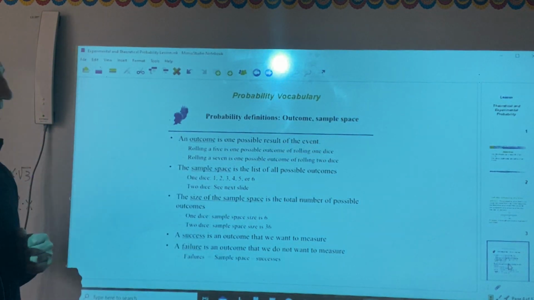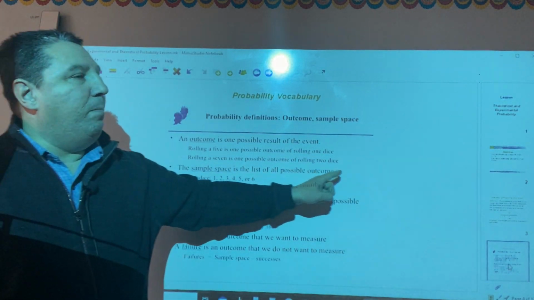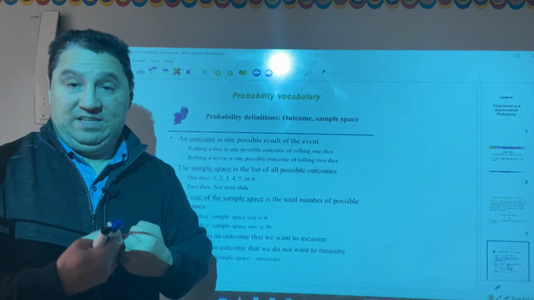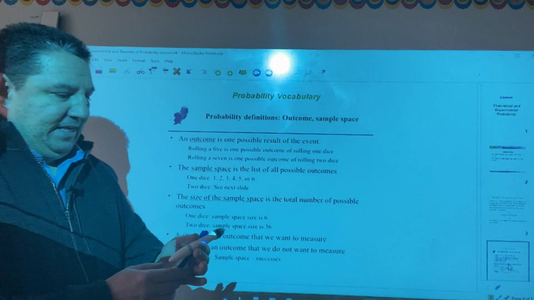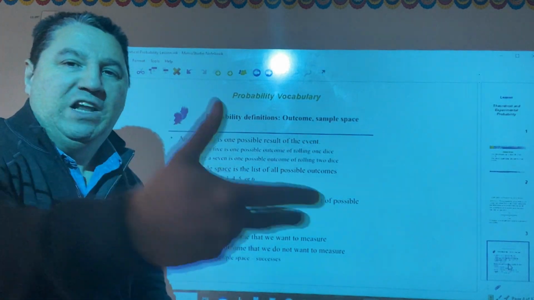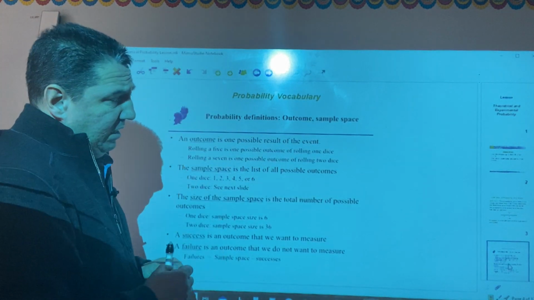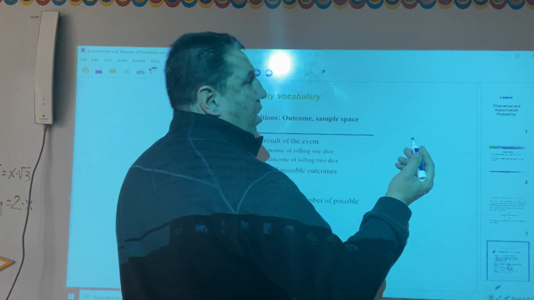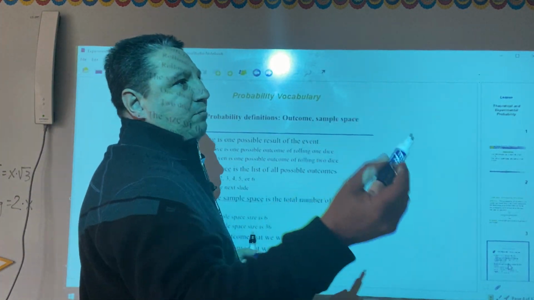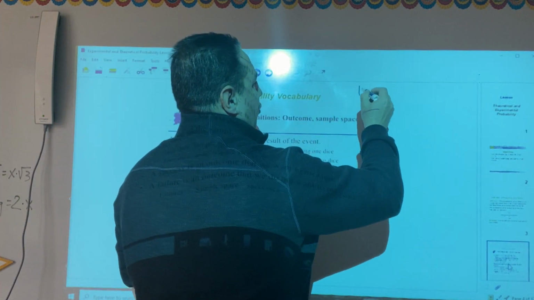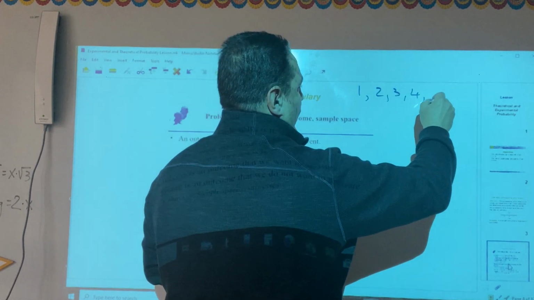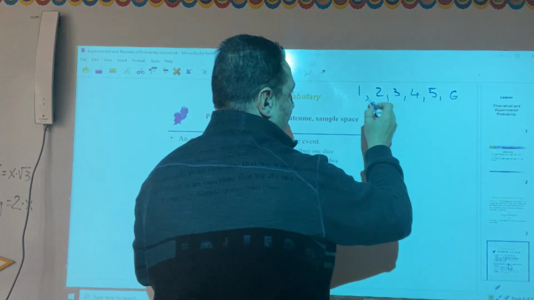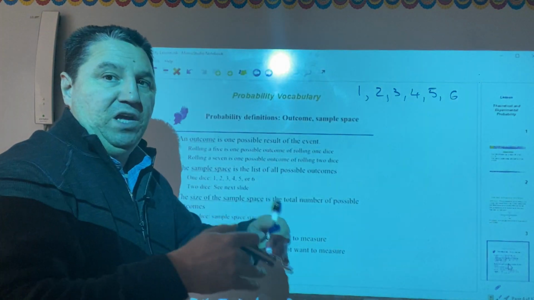Sample space is the list of all possible outcomes of an event. For example, when you roll a die, the possible outcomes could be 1, 2, 3, 4, 5, and 6. These numbers could be rolled.